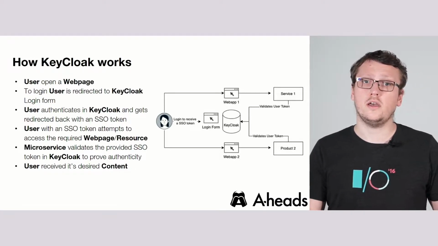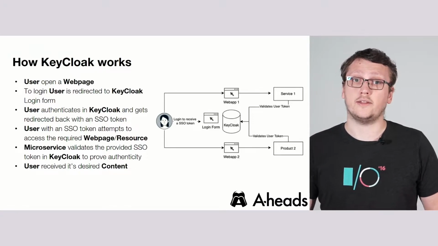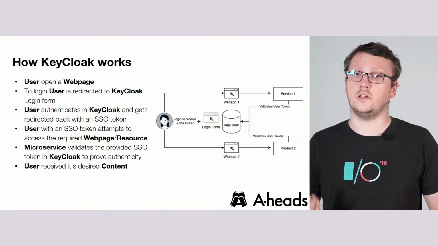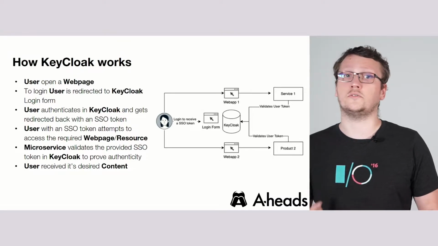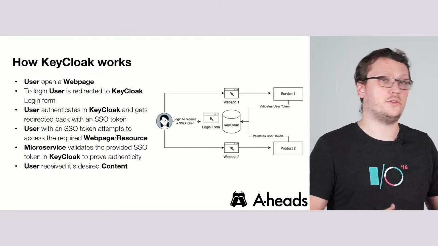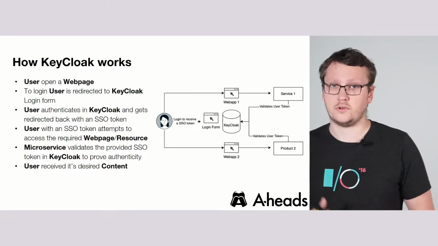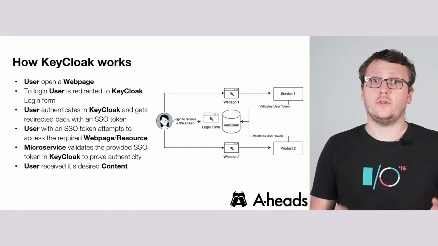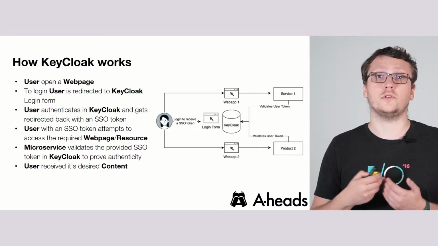With this key, the web app validates that the key is actual, and to do that, it asks Keycloak whether this key is still actual, can this key be trusted, didn't it expire already, to validate that the key is not a replica and not forged, and only then can the user get the desired access. Hopefully this explains the use case for us as users, how we will interact with Keycloak.